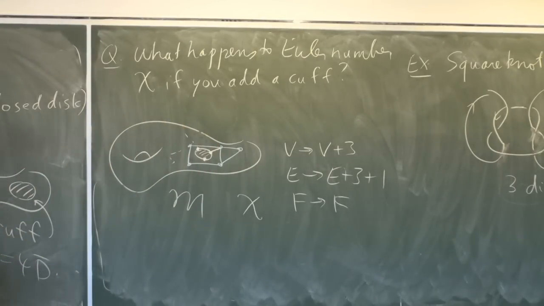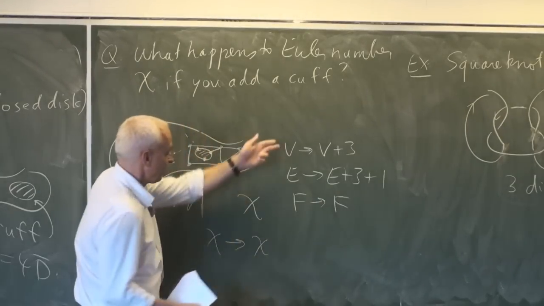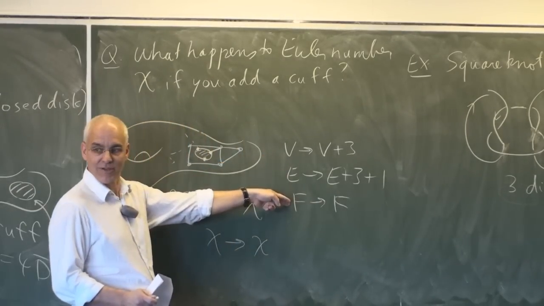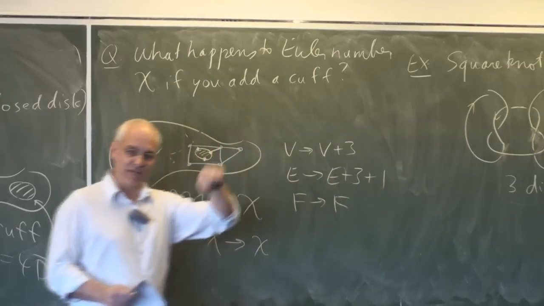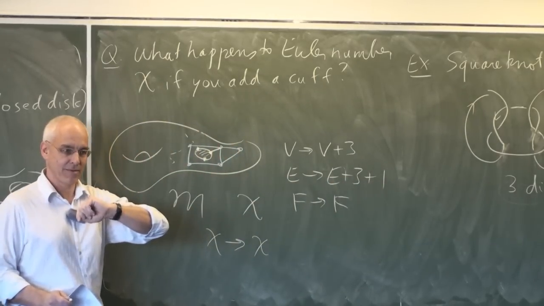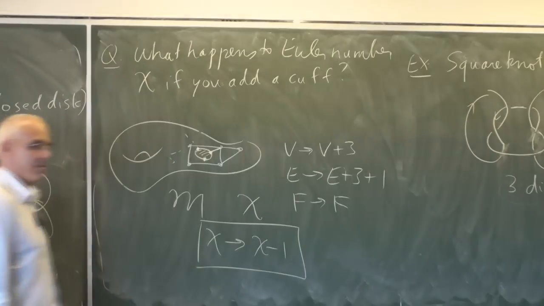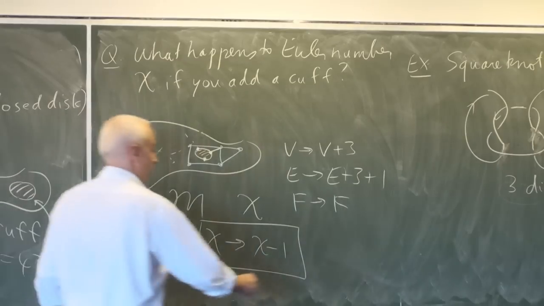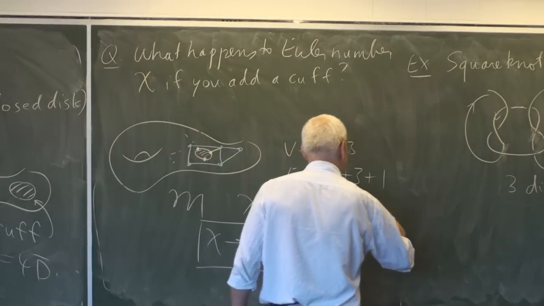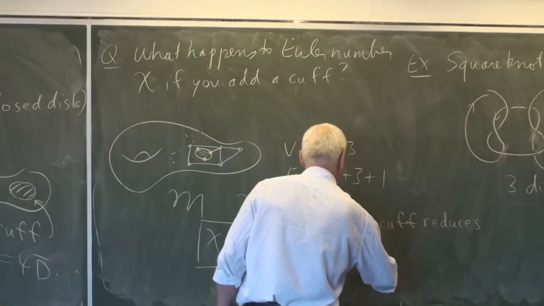The 3 could be anything here. And so the Euler characteristic goes to, if you take this minus this plus this, the net effect is this plus 1 decreases the Euler number by 1. So chi goes to chi minus 1. So adding a cuff reduces the Euler number by 1. So each cuff reduces chi by 1.